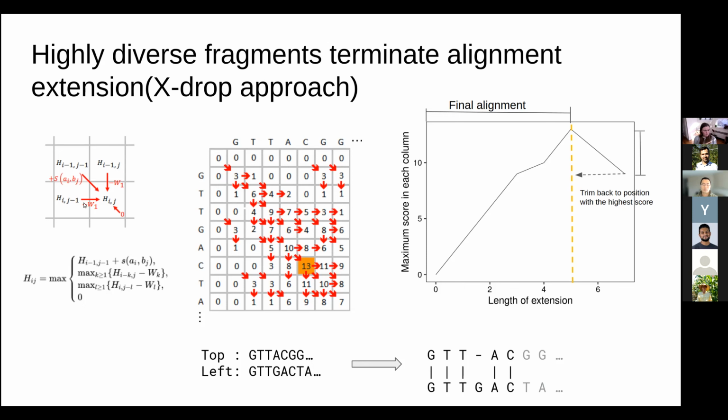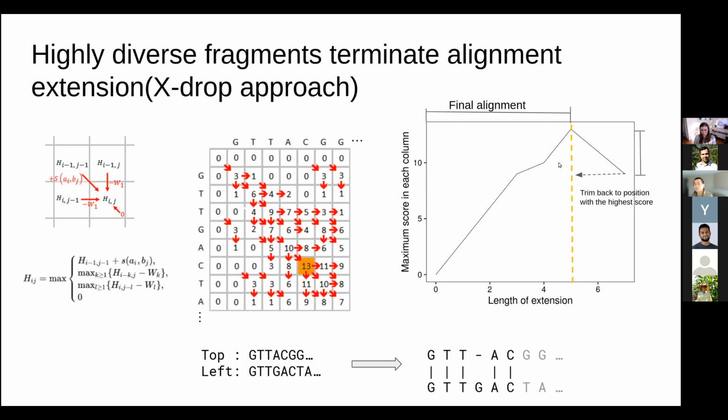For example, for a cell, you get a score from the diagonal direction, which is a match or mismatch, or from the top, which is an insertion, or from the left, which is a deletion, or we could also compare with 0. We pick the maximum score from one of these four and fill in this matrix. And for the right plot, the x-axis is the index of each column, and the y-axis is the maximum score from each column.